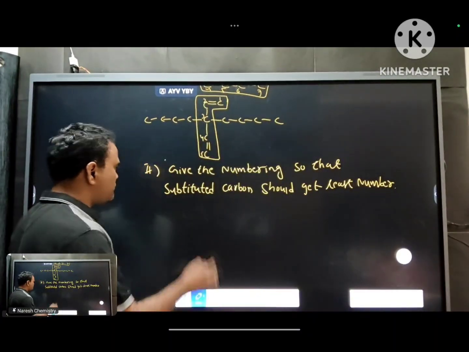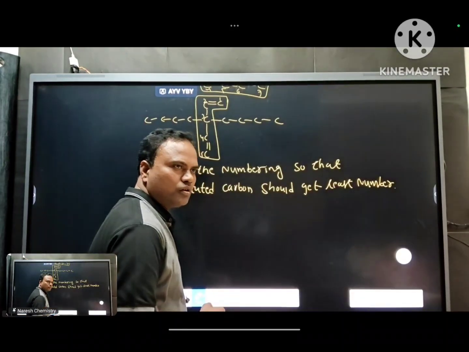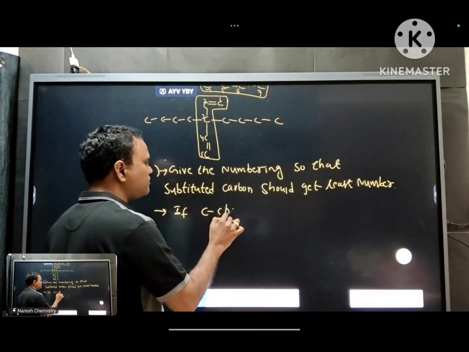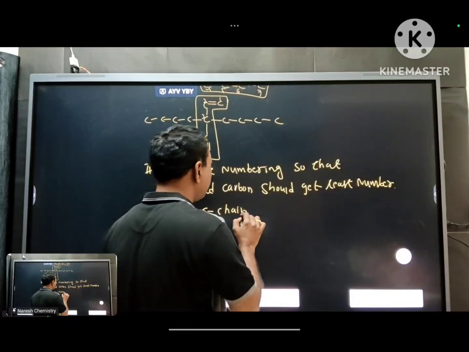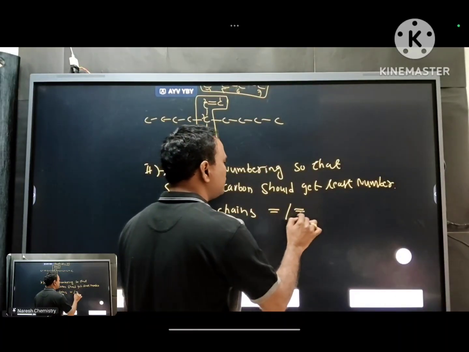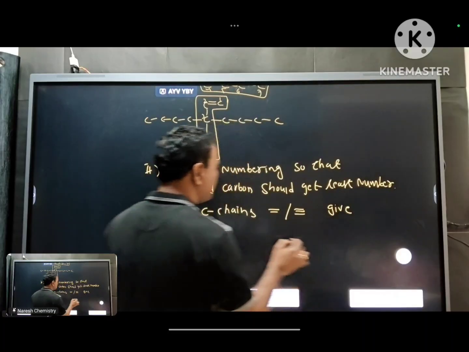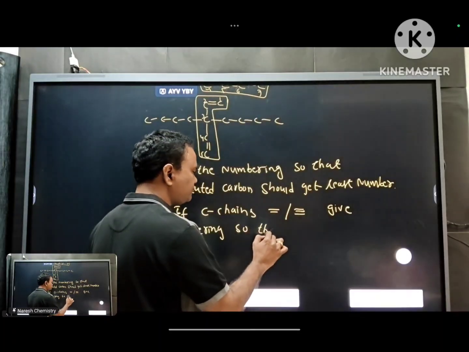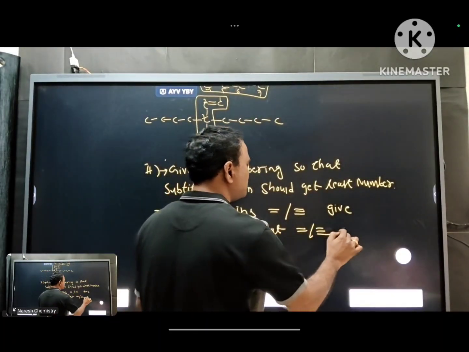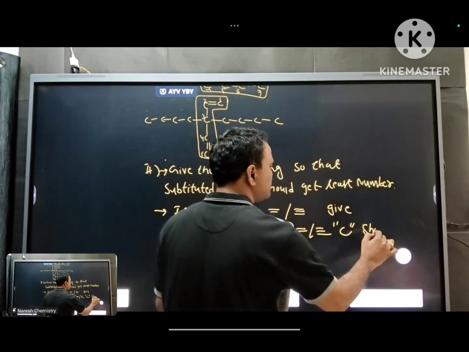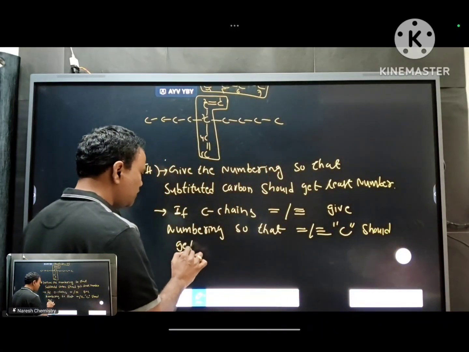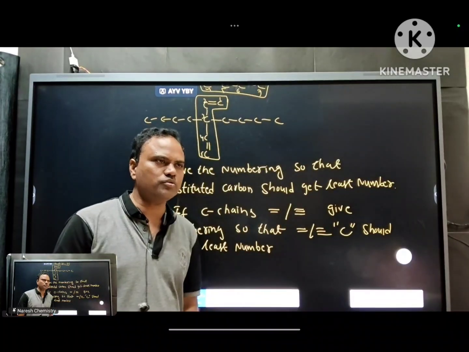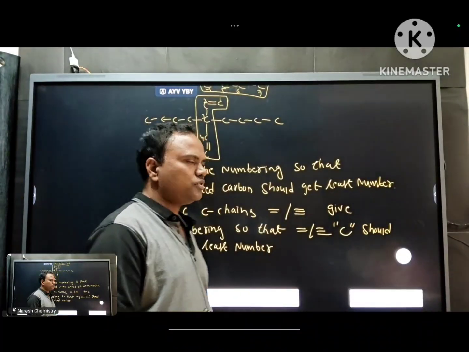Here I am adding another statement also. If the carbon chain contains a double bond or triple bond, give the numbering so that the double bonded or triple bonded carbon should get the least number.